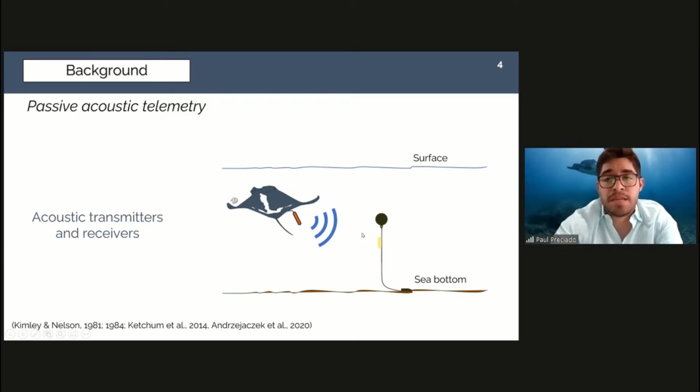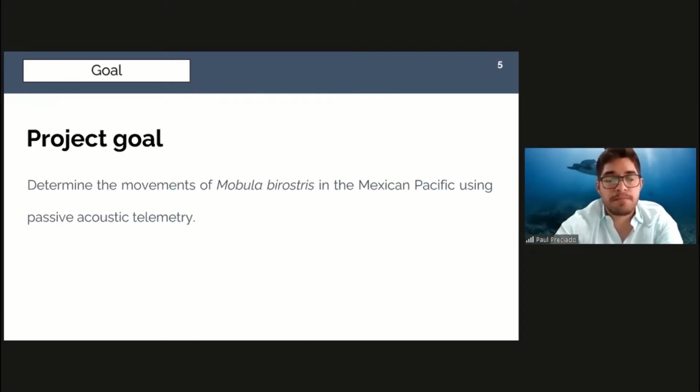Acoustic telemetry is a technique that requires the use of acoustic receivers to record the signals emitted by an acoustic transmitter placed on a marine animal. However, these issues are not currently well understood for the oceanic manta ray, Mobula birostris. For this reason, this project aims to determine the movements of Mobula birostris in the Mexican Pacific using passive acoustic telemetry.